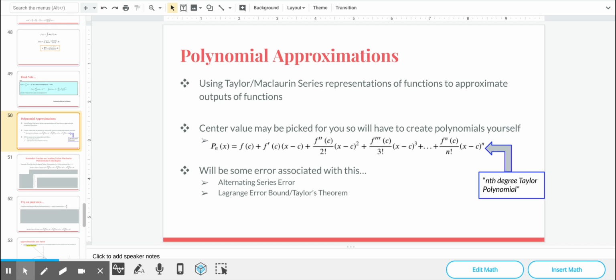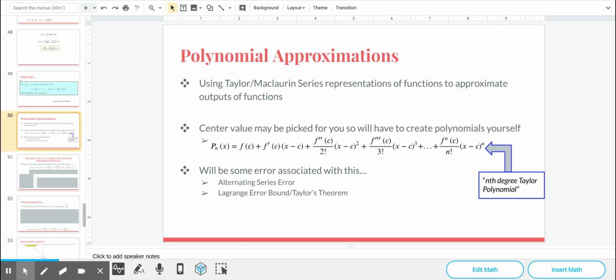You'll find that very similar to something we've already done. We're just going to do maybe slightly more difficult versions of it today. And then the second part is going to be finding the error associated with the approximations that we find using our Taylor polynomials.